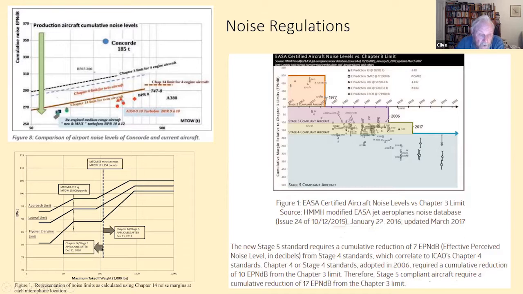Now it happens that if you have an aeroplane which is less than 121,000 pounds takeoff weight, and you apply for its certification before the end of next year, then you won't actually have to apply stage 5 regulations. You can get away with stage 4, which means that you actually won yourself a margin of 7 dB on the cumulative noise level, not to be sneezed at.